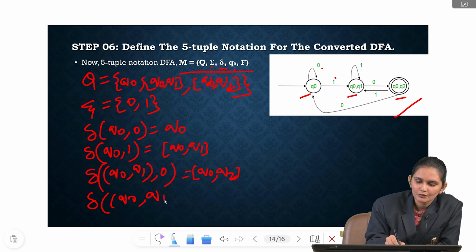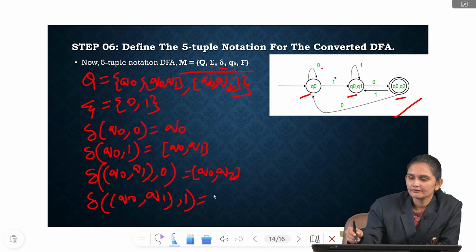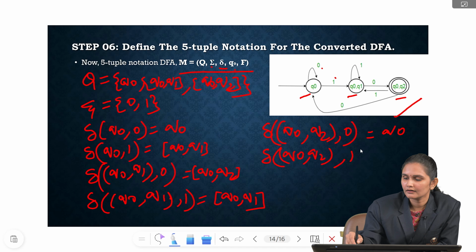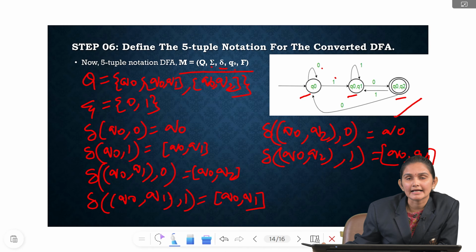Q0, Q1 on 1, where is it going? It is self-looped. Next, Q0, Q2 on 0 is going to Q0. Q0, Q2 on 1 is going to Q0, Q1. This is how you form a graph, transition table and five-tuple notation.